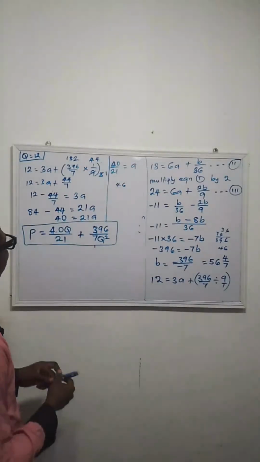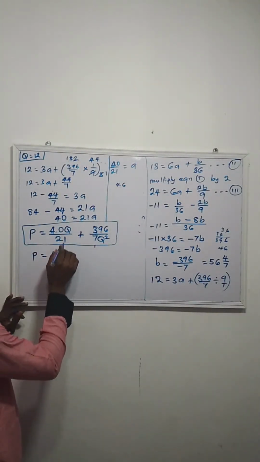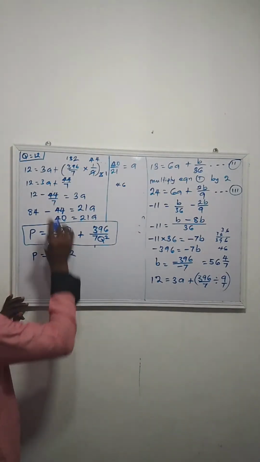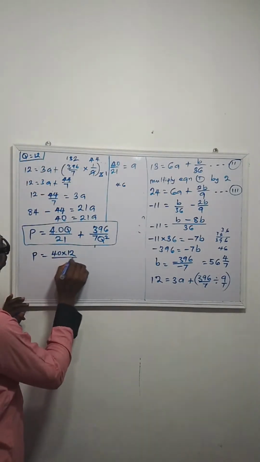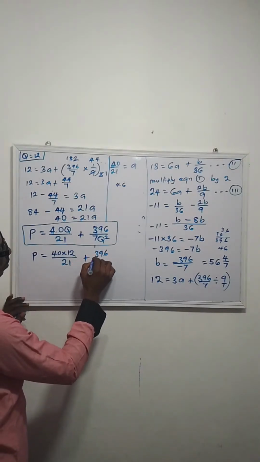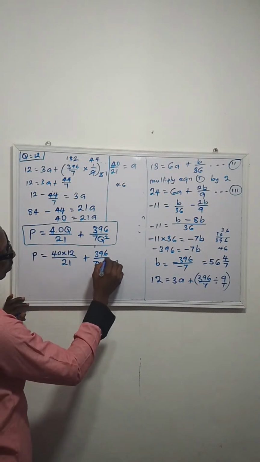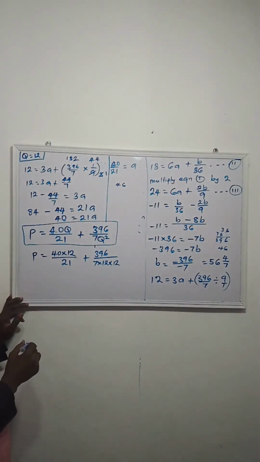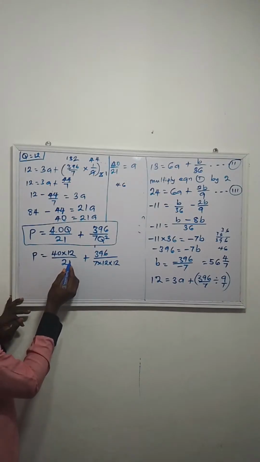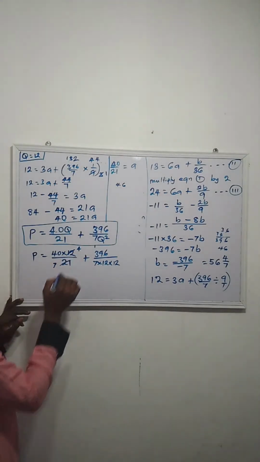So here you have P equals 40 times 12, because Q is 12, over 21, plus 396 over 7 times 12 times 12. Here 3 goes into 21, that is 7, and 3 goes into 12, that is 4.